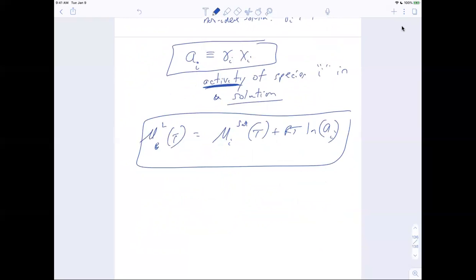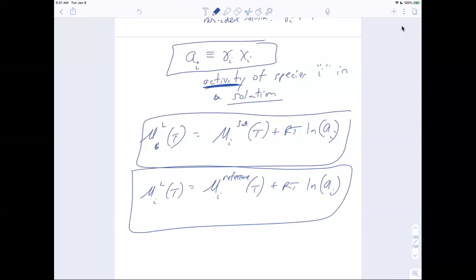You have some reference state, and I'm actually going to make this one step, the final thing: mu I in some reference state plus RT natural log A sub I. This, okay, is the sophisticated way of thinking about chemical potentials, and this will apply anywhere in the world, in the universe, as far as we know, when it comes to thermodynamics.